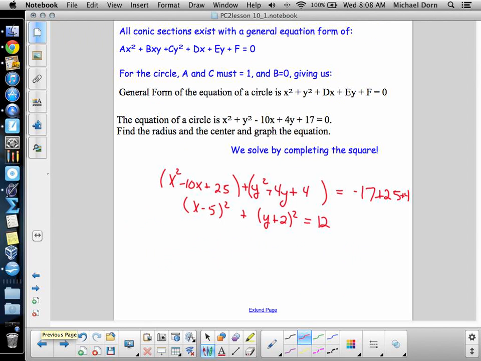So I've done it. I've very quickly switched to standard form. Center is at 5, negative 2, opposite of those. Radius is the square root of 12, which I would express as 2 root 3. And that's my circle.